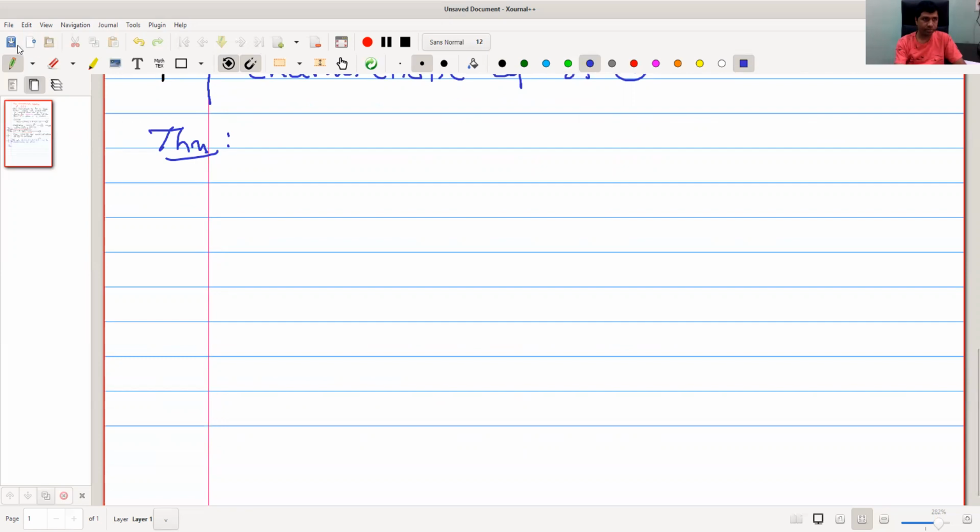This is a lemma, which will be used in the next important theorem.